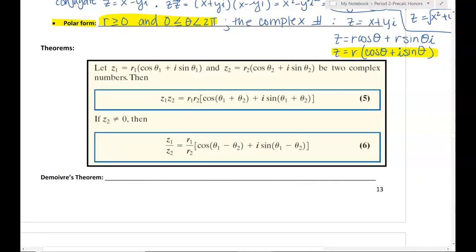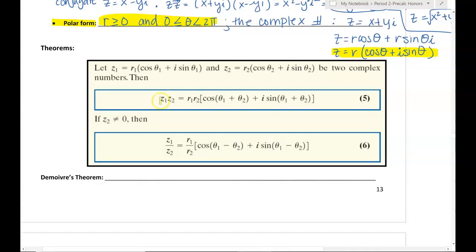Let z1 equals radius sub 1 times cosine of theta sub 1 plus i times sine of theta sub 1. That is the polar form of a complex number. And z sub 2 equals r sub 2 times cosine of theta sub 2 plus i sine theta sub 2, be two complex numbers.